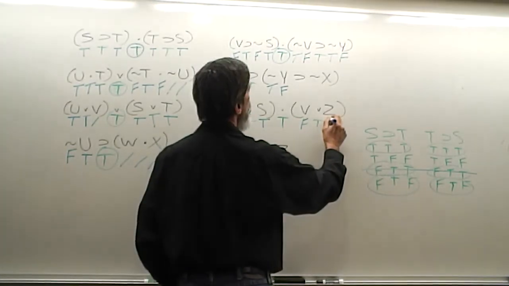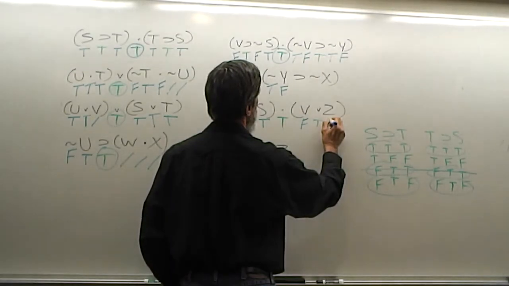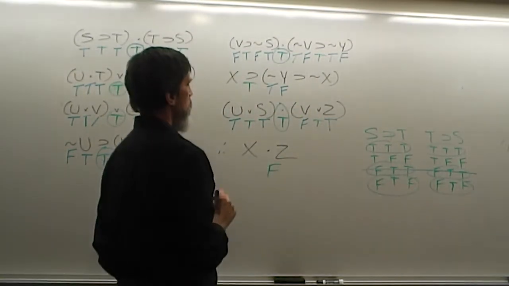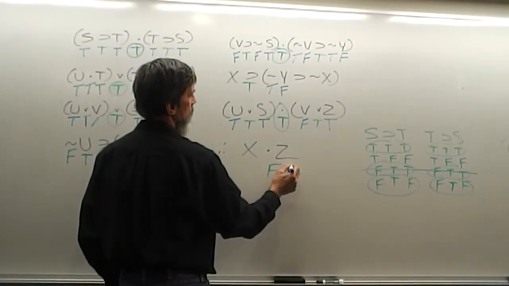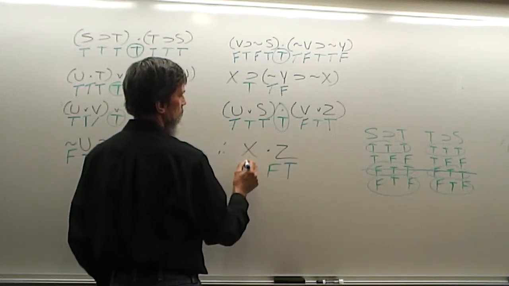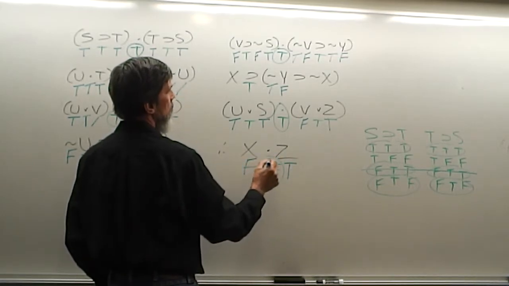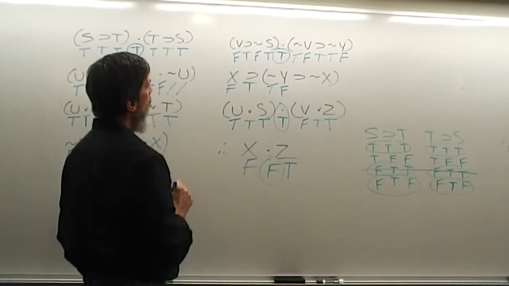Oh, Z. Thank you. Sorry. Now you're one ahead of me. Z has to be what? That'll work. How about this? Z. Therefore, X. There's an X. Aha!